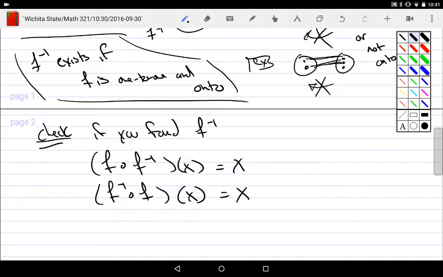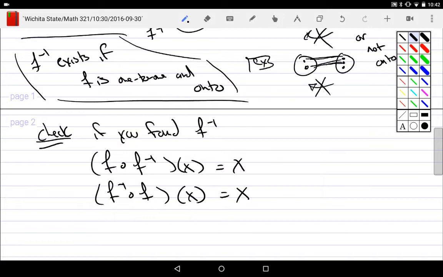For college algebra, what did you usually do to find the inverse? Anybody remember? Switch the x and y. Just switch your x and y values. You first check to see if it's one-to-one and onto. To be a function, it needs to pass the vertical line test. To be one-to-one, it needs to pass the horizontal line test.